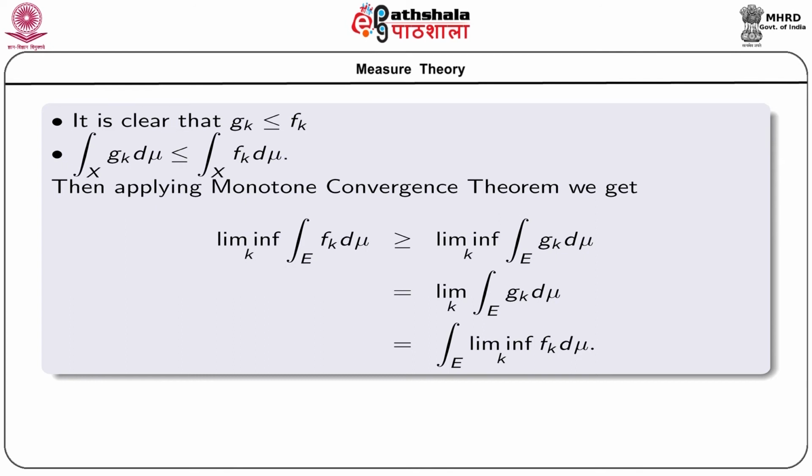And now, if we apply the monotone convergence theorem, then we have the integral of lim inf over k of f_k d mu is greater than or equal to lim inf over k of the integral over E of g_k d mu, but this is nothing but the limit over k of the integral over E of g_k d mu, and this is equal to the integral over E of lim inf of f_k d mu. So, we have the result.